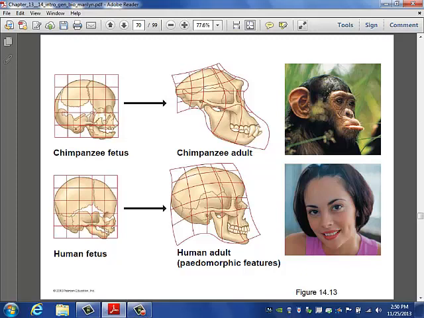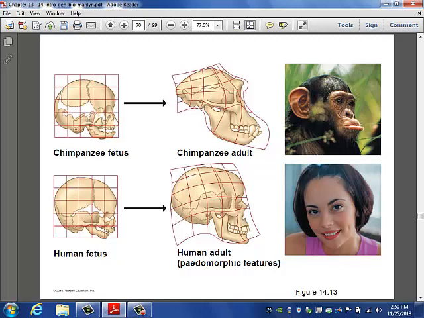Look at the fetus of both. What do we see? Pretty damn close, right? A lot of similarities. So we see differences in similar structures as that particular species, different species, develops into adulthood.